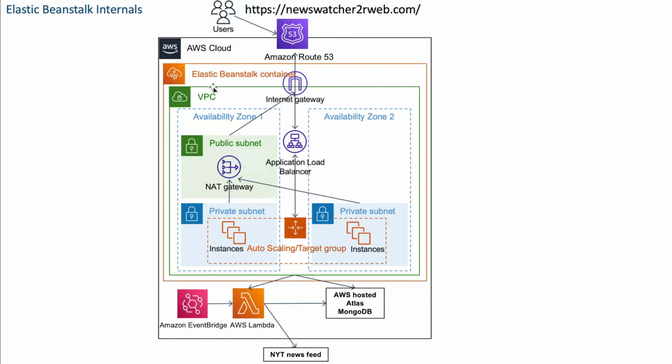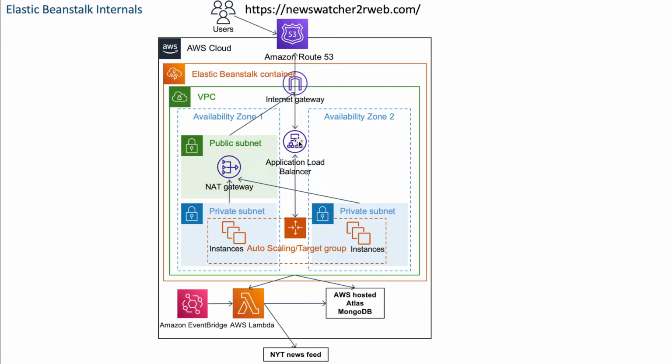Sometimes you might want to host an EC2 in a public subnet, but most likely your database and your app servers want to be hosted behind that public subnet and actually in a private subnet. So one of the things you do then is create a NAT gateway that allows access out from the private subnet.